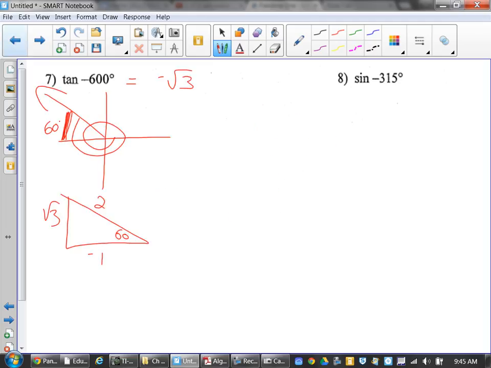Negative 315. We spin this one around again. I do believe we get first quadrant with a 45-degree angle. You guys agree? So your first quadrant, 45-degree angle, what's the sine of 45? Root 2 over 2. There you go. It's sine, positive in the first quadrant.